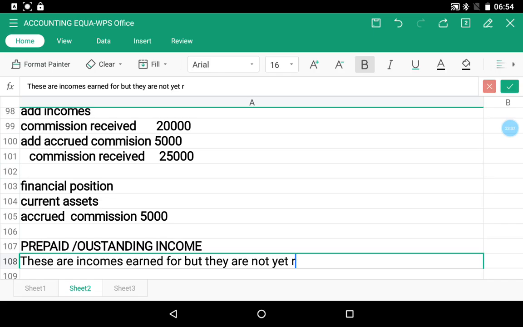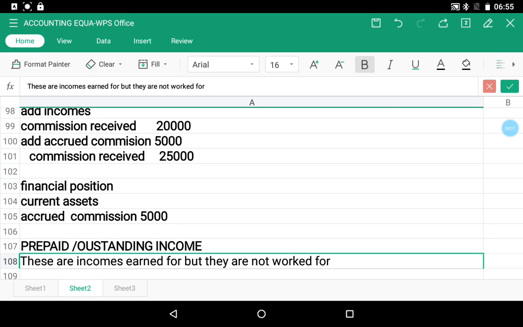Income earned for but not yet worked for. You receive these incomes, but at the end of the period you have not yet worked for them. You have already received those incomes, but you have not done what you are supposed to do.